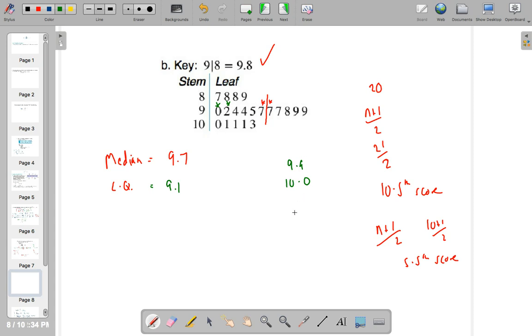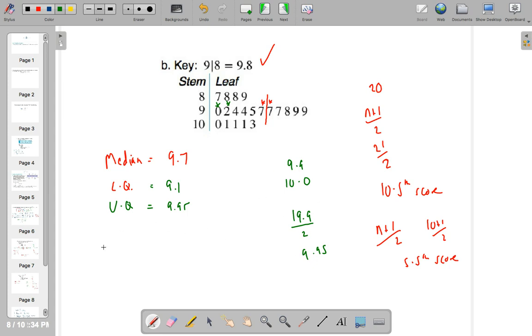If you're not sure, add them together, 19.9, and divide by 2. Okay, and you should get 9.95. So the upper quartile is 9.95. Just repeating there, it was the 5.5 score halfway between the 5th and the 6th, 9.95.